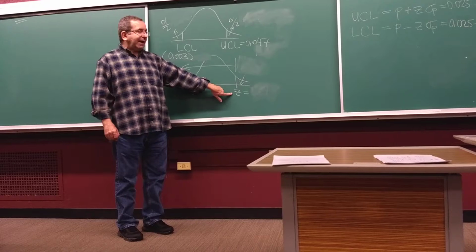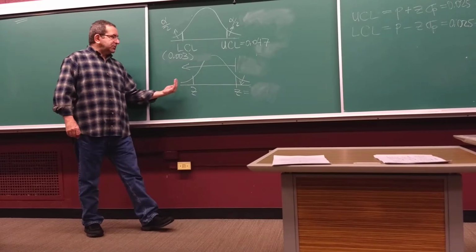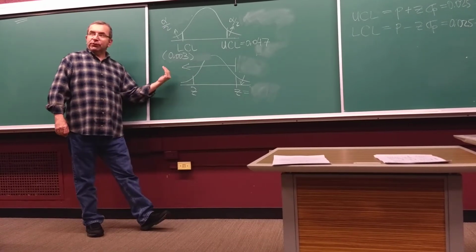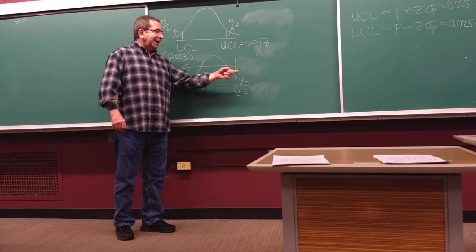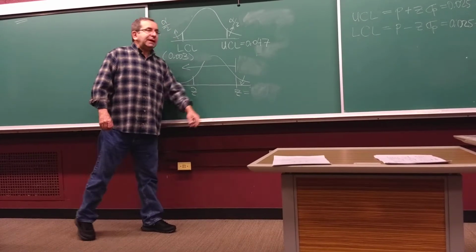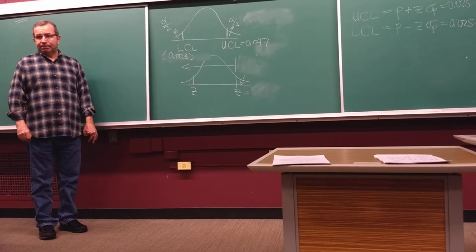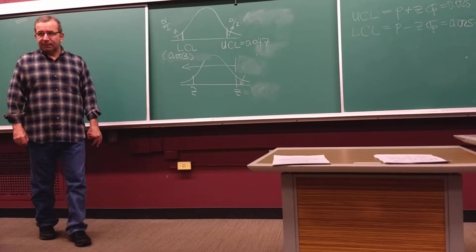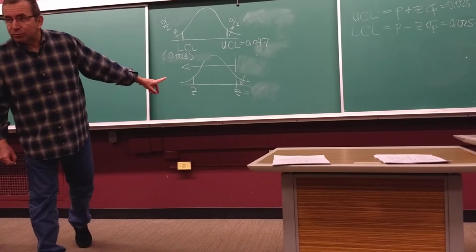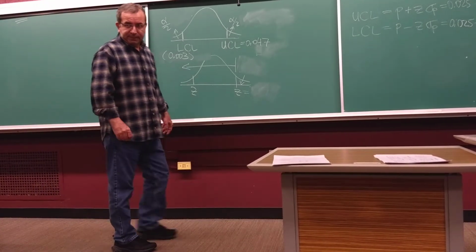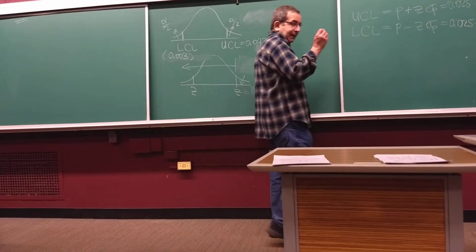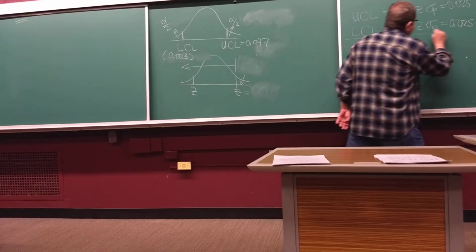Once we find the z-value, we can find this area under the curve to the left, and 1 minus that will be our tail probability. Do we have to multiply by 2 to find the alpha? The tail probability? Yes. You have to multiply by 2.